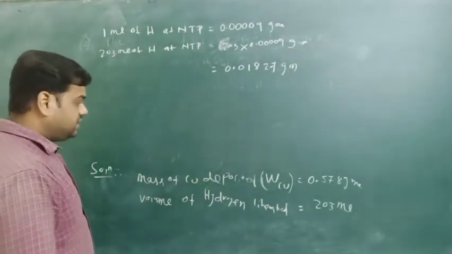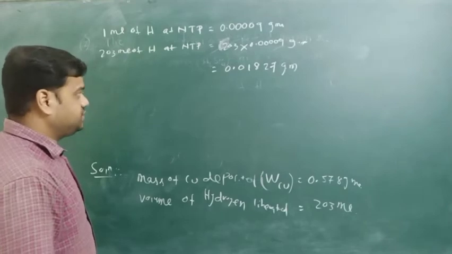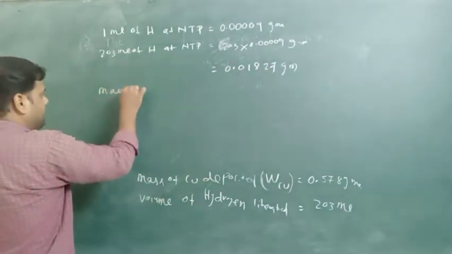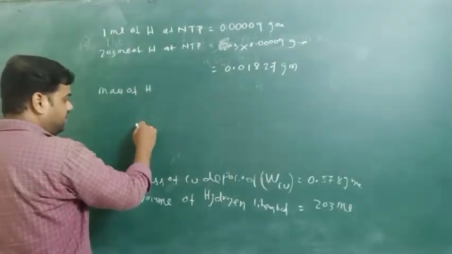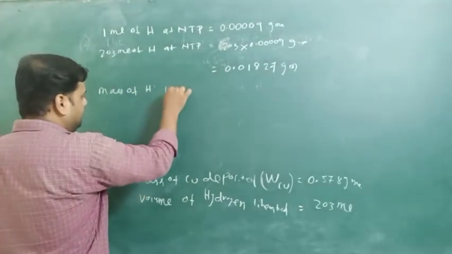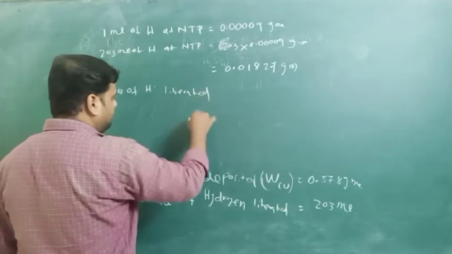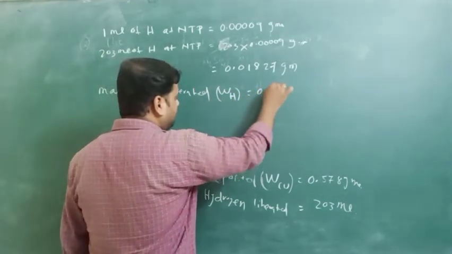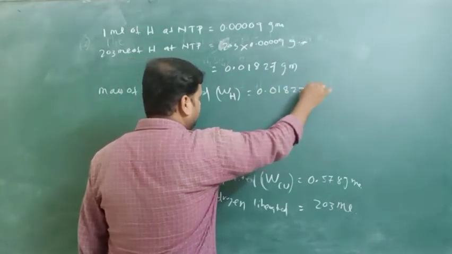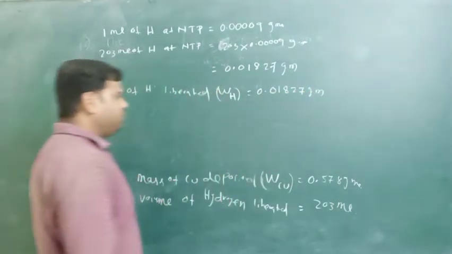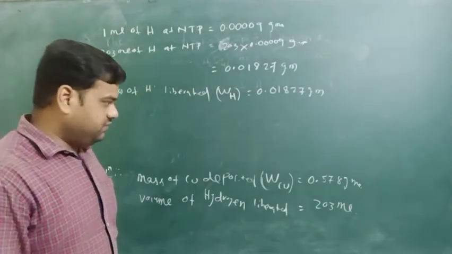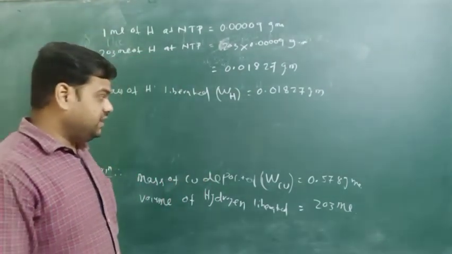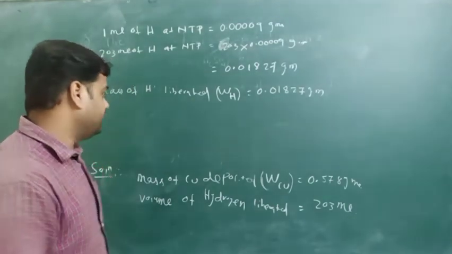Okay, so we know the values. Now we got the value of WH, the mass of hydrogen liberated: WH equals 0.01827 grams. So easily we can calculate the equivalent mass of copper.